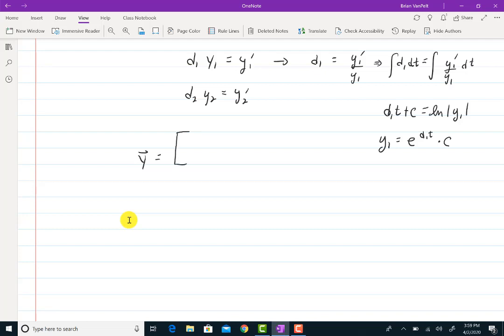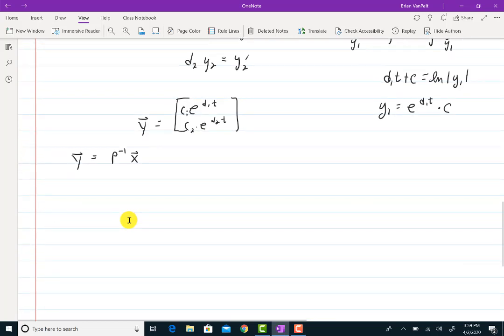We would have, let me put the c in the front, c1 e to the d1t, I'll call it c1 just to differentiate from the c2, and c2 e to the d2t. Now if the d1 or d2 is 0, then it still works out, so it's not a big deal. Well, remember that y was equal to P inverse x.